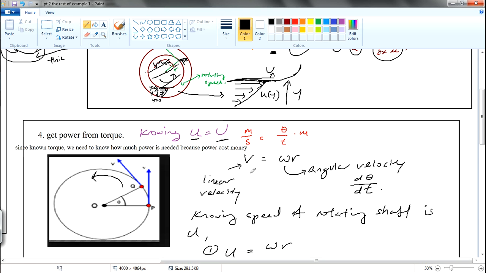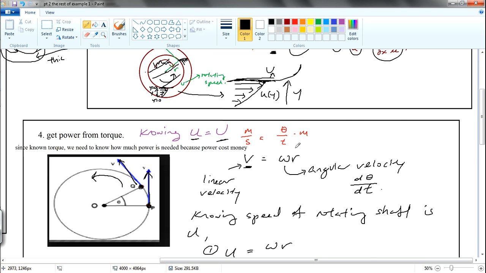It's just an equation. The linear velocity, as I show you over here, is also the linear velocity of the particle at this point. So at any point, the linear velocity is equal to the angular velocity multiplied by the radius.